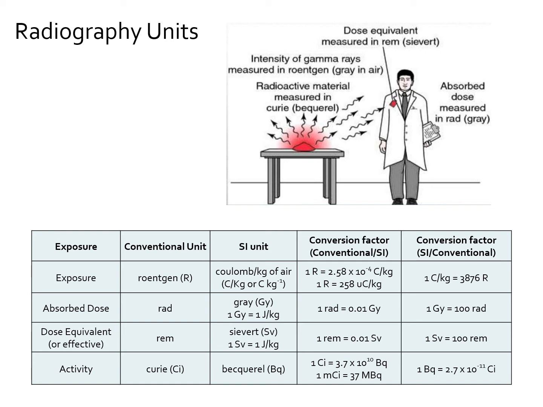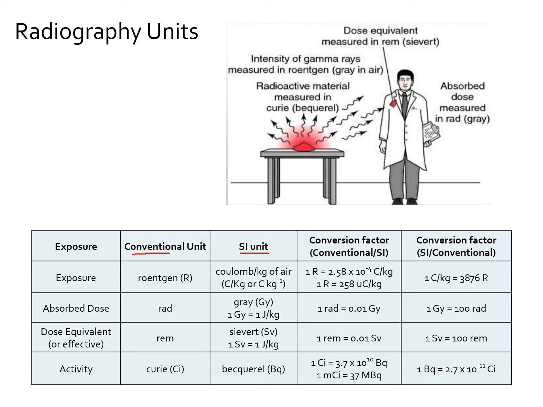So this is a graph of all the units that you will be working with. So we have the exposure is in, I call it R's because I can't pronounce that word. Absorbed dose, rads, dose equivalent in rem, and activity in curies. I have the international unit in this column for the exposure.